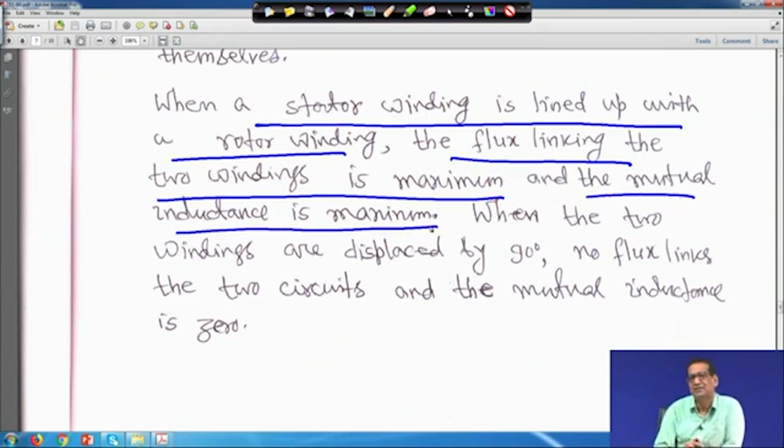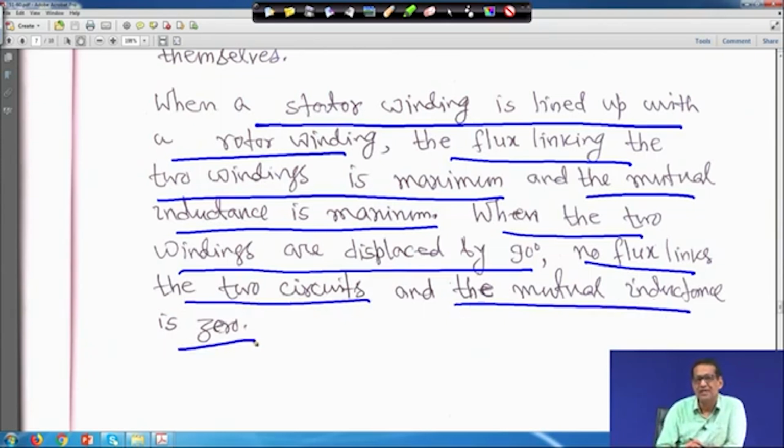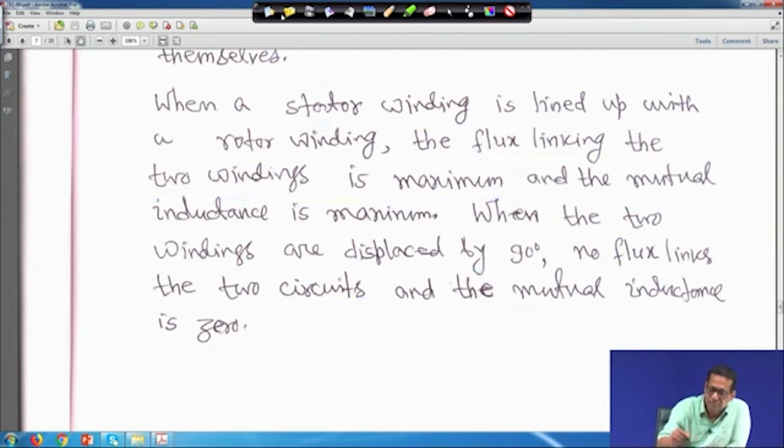And when the two windings are displaced by 90 degrees, no flux links the two circuits and the mutual inductance is 0, right.